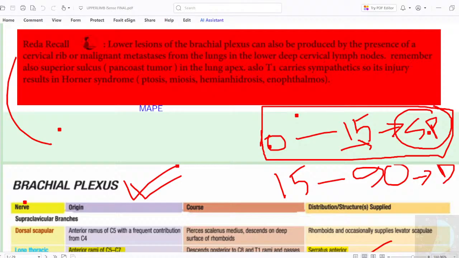Just the opposite: lateral rotation, abduction. The spinal part does adduction and medial rotation.